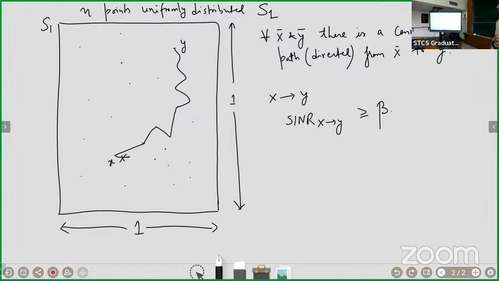So now what do you expect to happen? In the disk model setting, you were able to say something like pi r square should be roughly how much?